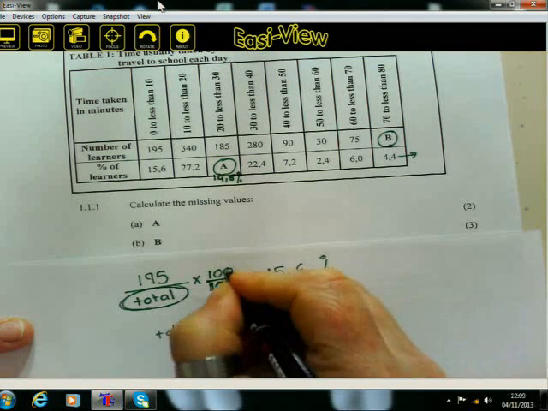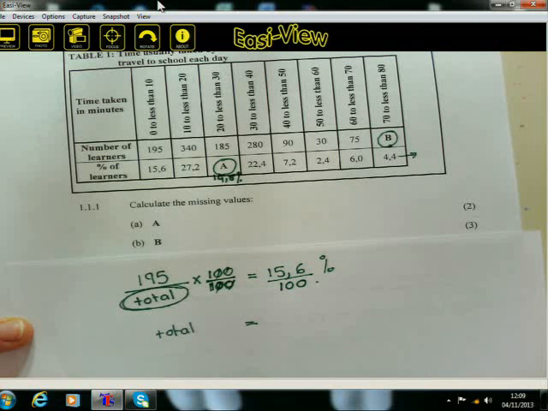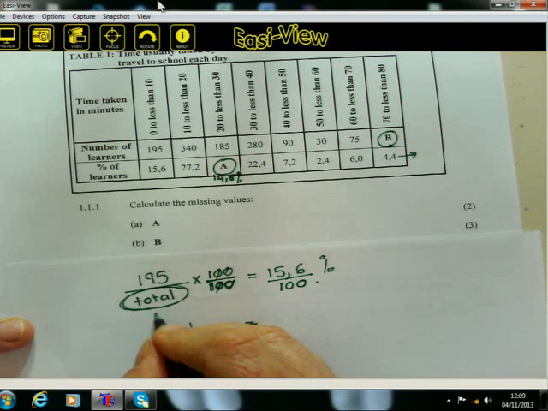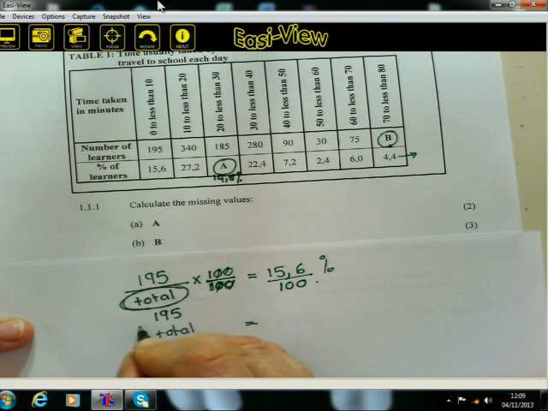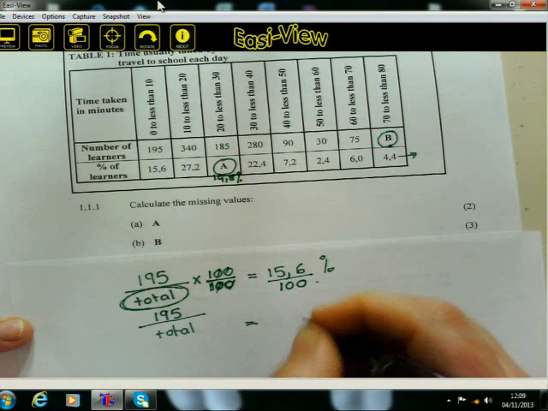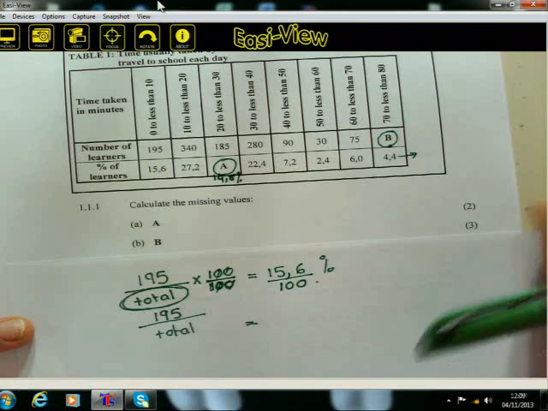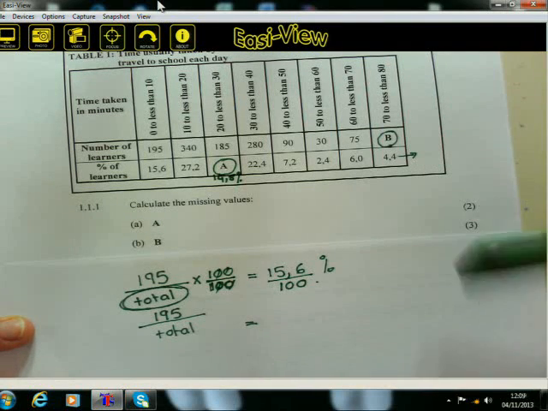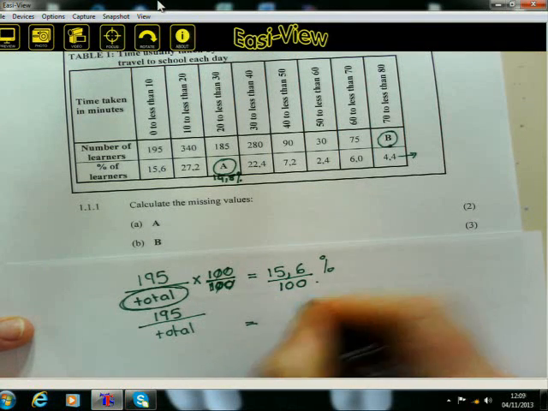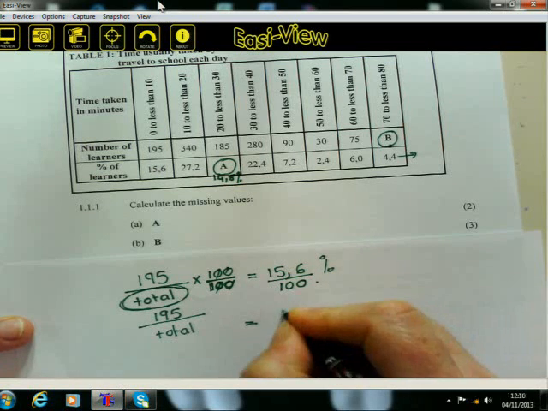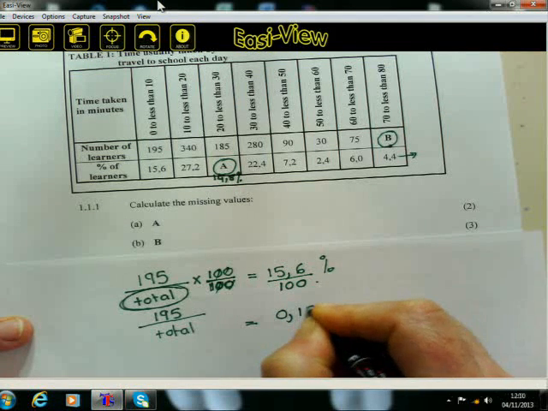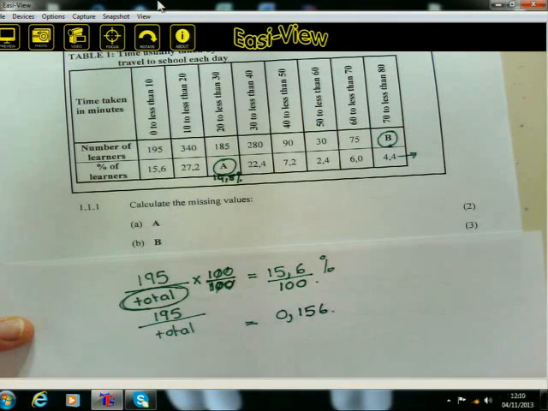If I do it on this side, the 100 will cancel. And now I'm sitting with 195 over the total is equal to 15.6 over 100. Let us work that out. 15.6 over 100, I move the comma and I get 0.156. Okay.